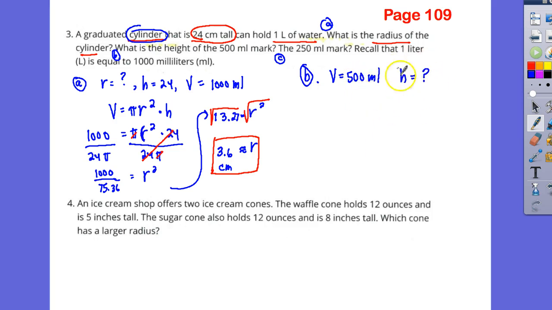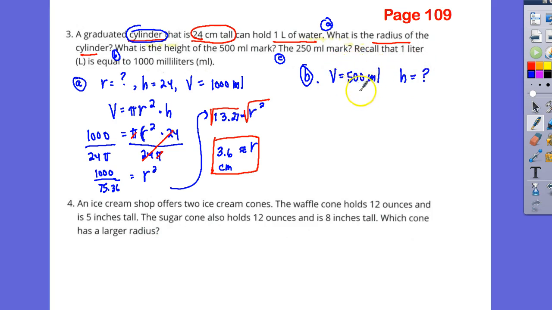So do I have to solve for the height by using the formula? No, you don't have to, because we know the relationship between the height and the volume. Whatever scale factor I used for the height, that will be the same scale factor as the volume.